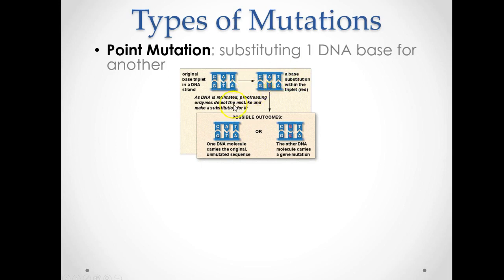Well, as we're making a copy of it, we forget to proofread this mistake. And instead of this A pairing with a T, which is what it's supposed to do in our replicated DNA, a C accidentally gets substituted in there. Okay, so now we've got a point mutation, a single error. So here's the possible outcomes.